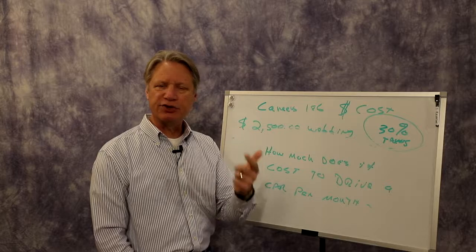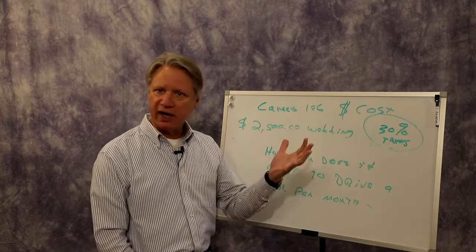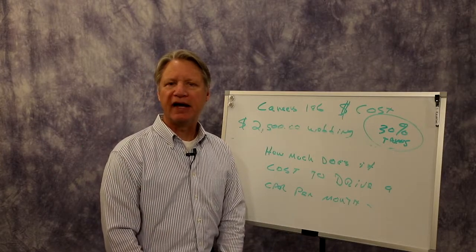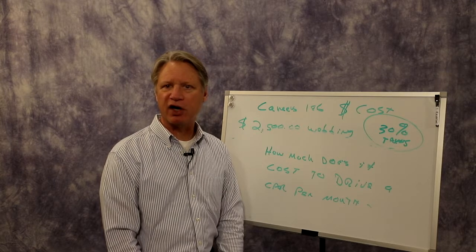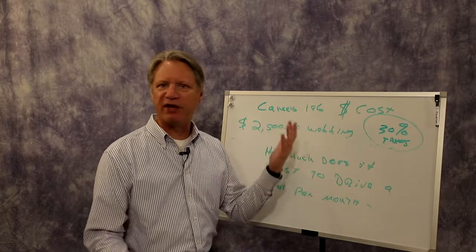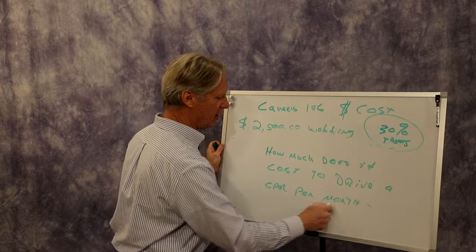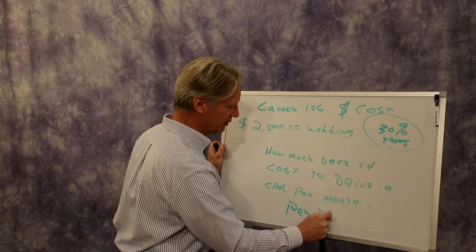So car payment, insurance, maintenance, gasoline, tires, brakes, shocks, whatever. You have to do maintenance. You'd be surprised how much it costs for you to drive a car per mile or per month, or divide it by 30 per day. Do that. How much does it cost you to drive the car per day?